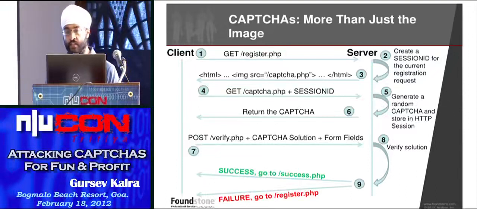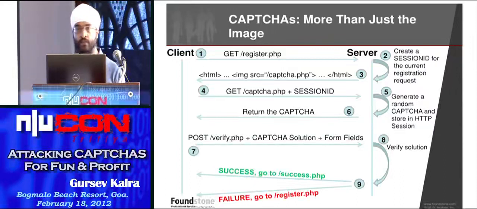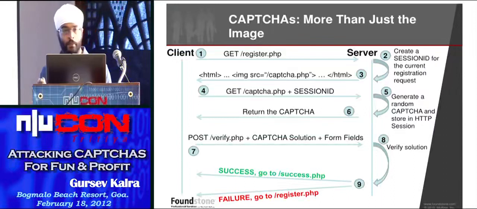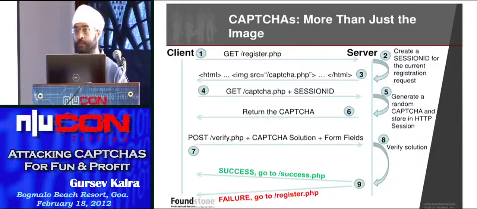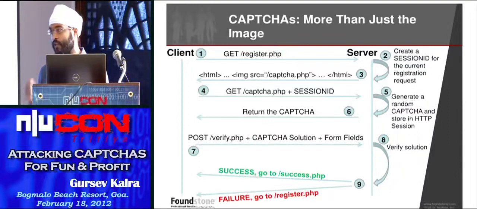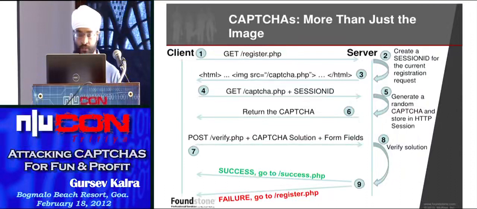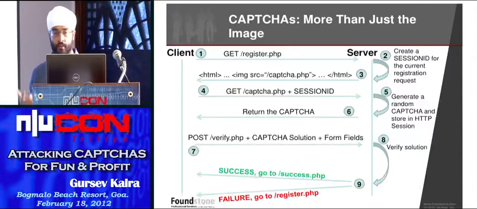Then the application generates a session ID for the registration request. This is one very critical component. Even though CAPTCHAs are pre-authentication, they have to be living on sessions. If they do not, they will be bypassed, and they will be bypassed at all cost. I mean, there is no point sparing them if the session is not being used at the server side for CAPTCHA implementation. Then the page comes back with HTML and the image source.